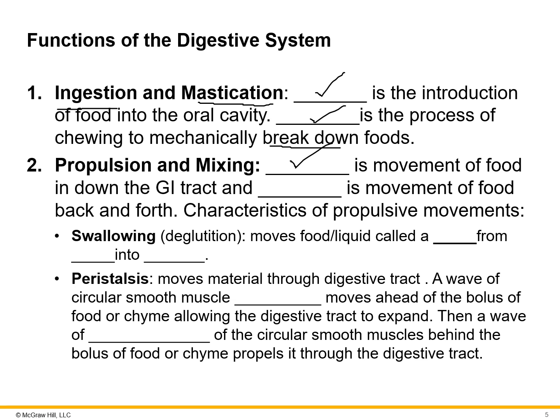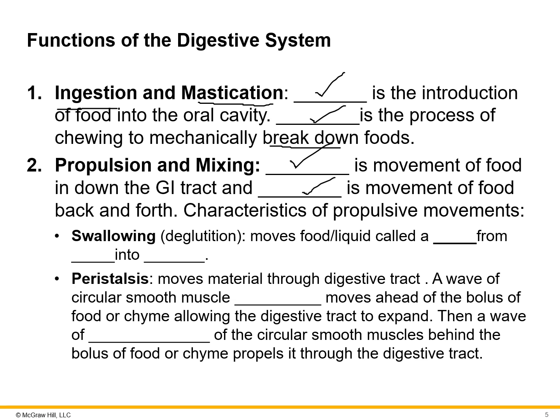So basically, as we are propelling food, bolus, and chyme down the GI tract, we are propelling the substance from the proximal end to the distal end. In addition to keeping things moving proximal to distal, we also need to churn or mix this food. So mixing is essentially the movement of food back and forth.